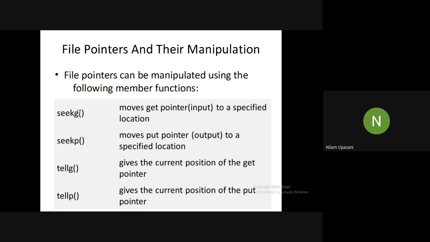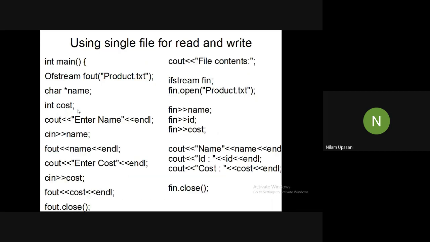Sequential is what, in whatever programs we have seen till now, we moved in a sequential direction. We get the data, we put that data in the file, and if I want to read that file again, suppose here in this case we open this file in output mode, then we perform all the write operations on that file.